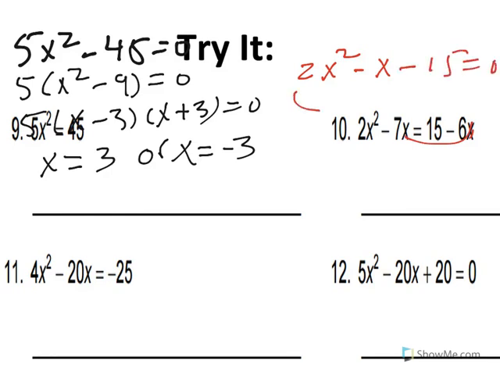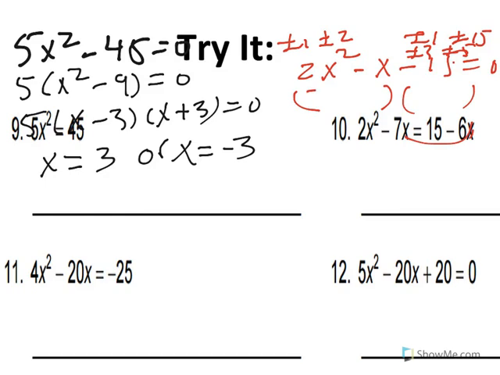So we can factor this out. The factors for 2 are plus or minus 1 or plus or minus 2. The factors for 15 are plus or minus 1, plus or minus 15, or plus or minus 3, and plus or minus 5. We need one of those combinations that will give us a negative 1.